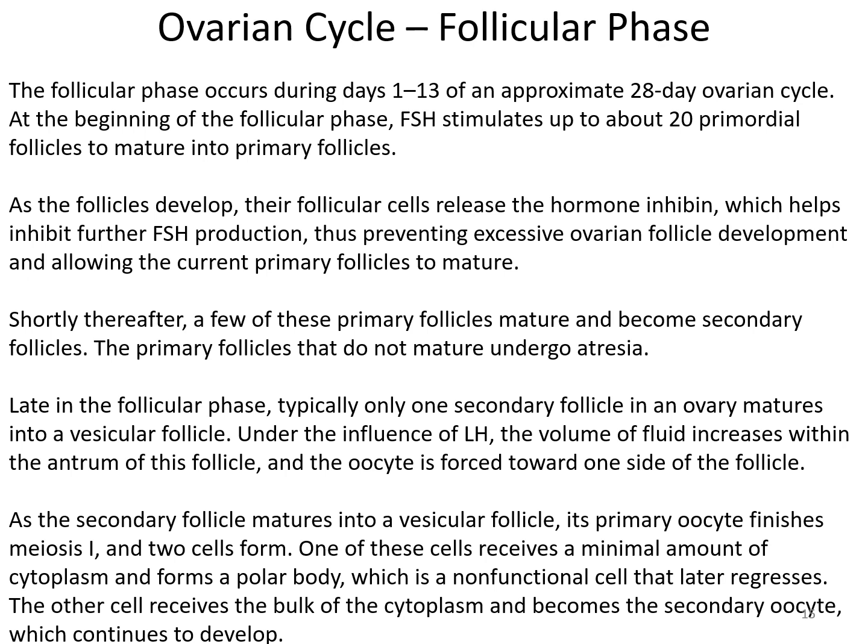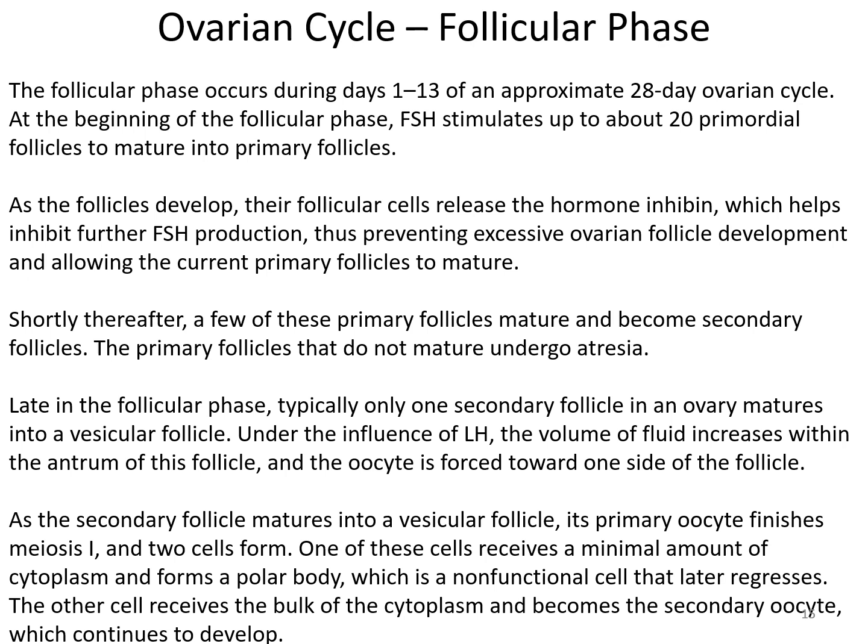The other cell receives the bulk of the cytoplasm, so that is then your secondary oocyte, which will continue to develop. Okay, so remember the oocyte was a primary oocyte originally, which is arrested in meiosis 1. So as it transitions from secondary follicle to the vesicular follicle, it quickly finishes meiosis 1, it enters meiosis 2, but it doesn't quite do a good job of splitting the cells evenly.